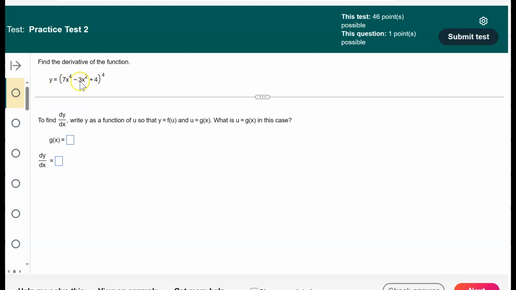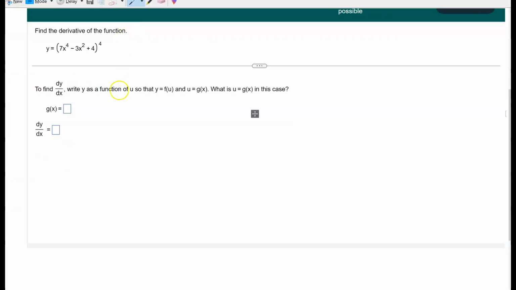So to find the derivative for this, we will need to use chain rule. In order to use chain rule, we will have to recognize what our u would be. To help us identify what u would be, we have to think of what known formula we can use to differentiate this.